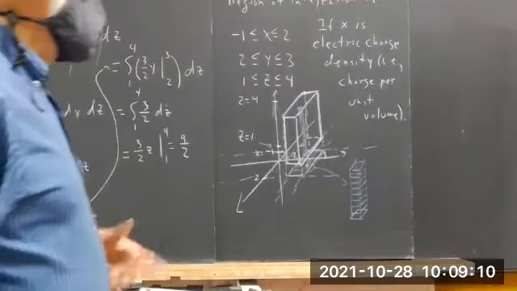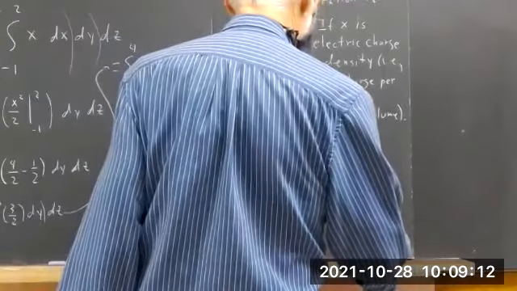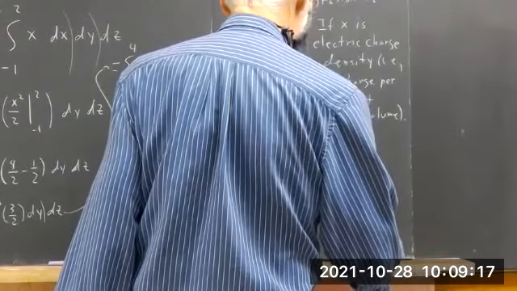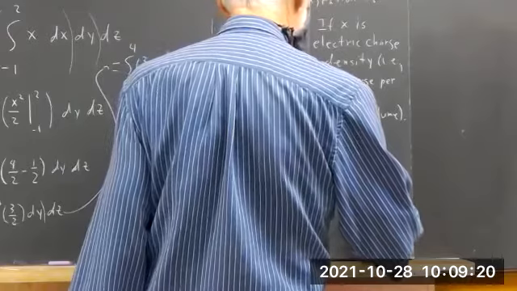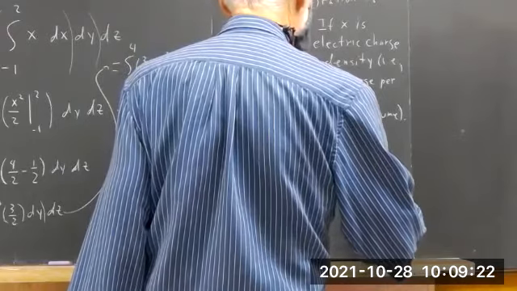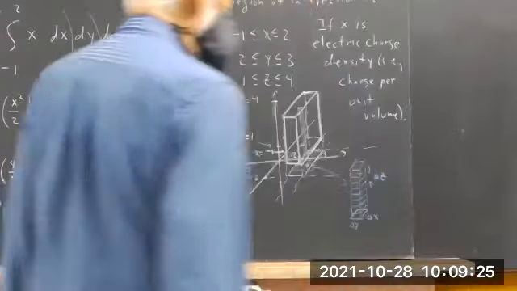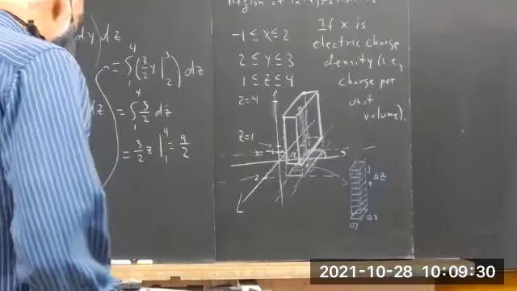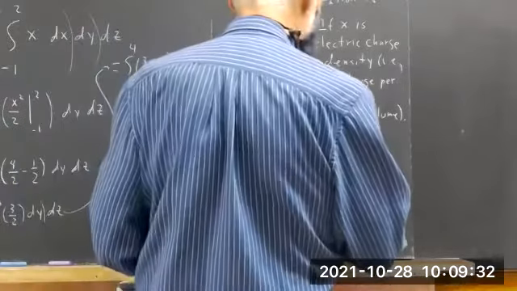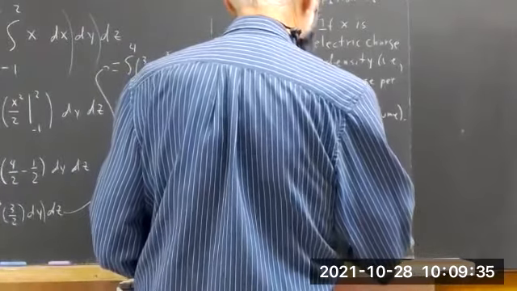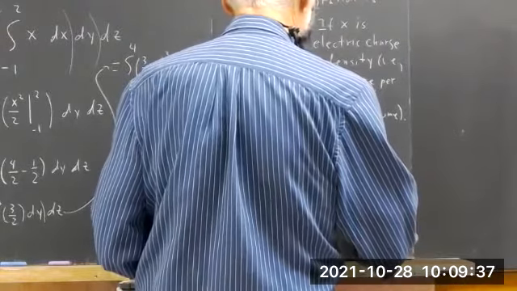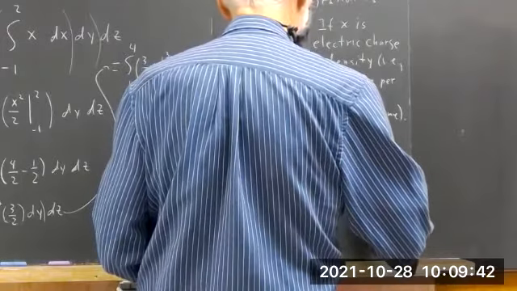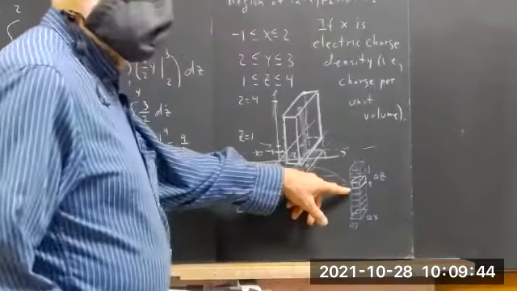Okay, so you have a delta x here, delta y here, and here you have a delta z. So now you have a single volume increment.